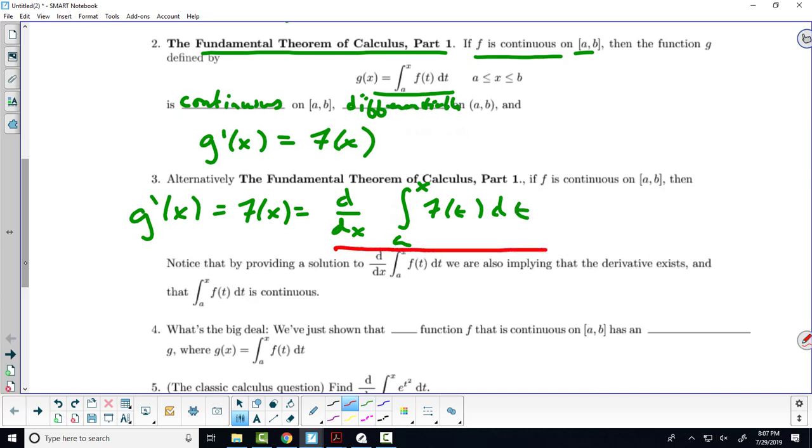The derivative of this function right here is just f of x. So it's actually this version that I think makes sense in our picture.